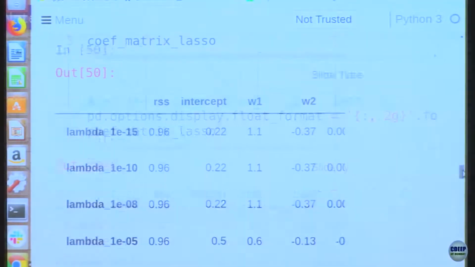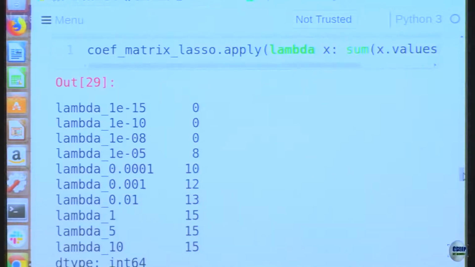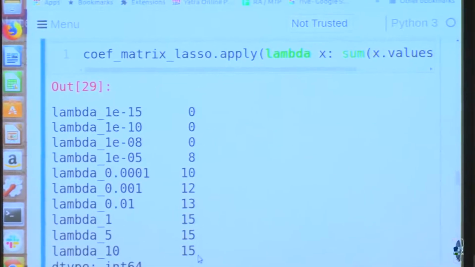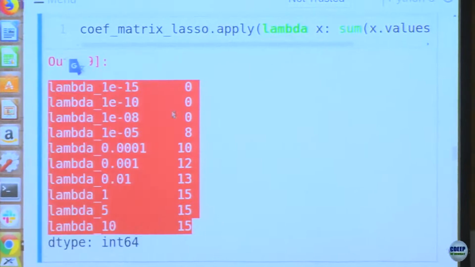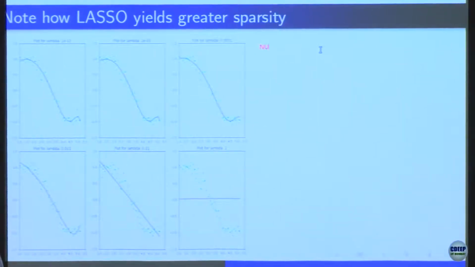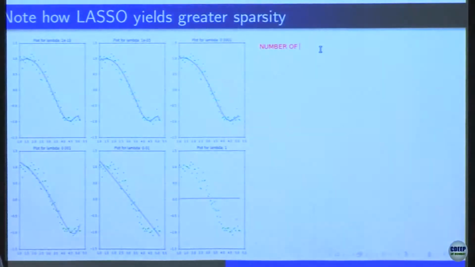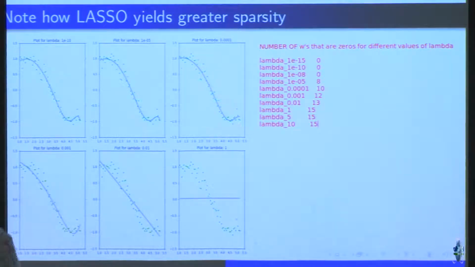And let's just plot the number of w's that are 0 for different values of lambda. Okay.